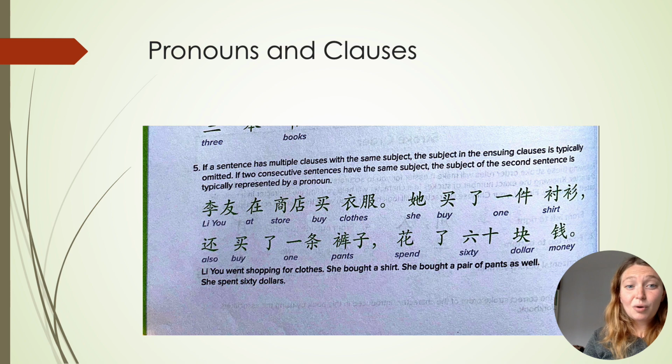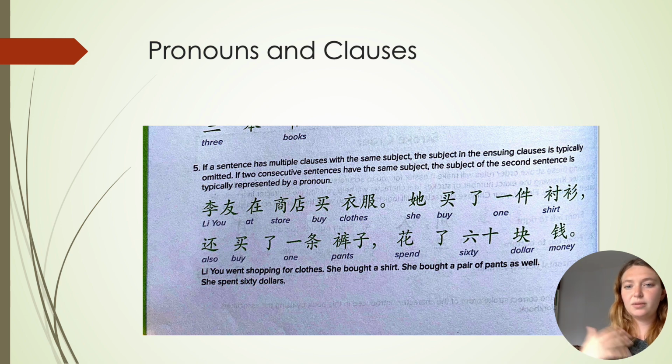If a sentence has multiple clauses with the same subject, the subject in the ensuing clause is typically omitted. If two consecutive sentences have the same subject, the subject of the second sentence is typically represented by a pronoun. Now, of course, we do this as well in English. We wouldn't say, Maria went to the store, Maria bought a loaf of bread, Maria went home.